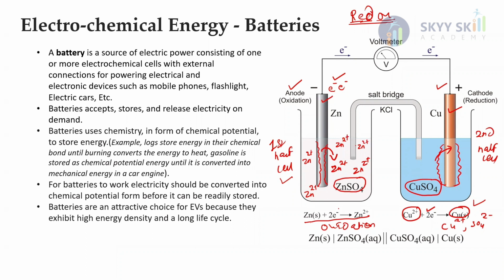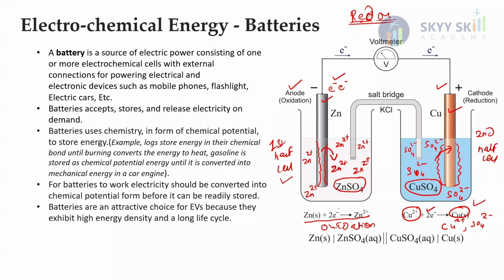On the other side, we will get rich in sulfate ions, SO4 2-. So the zinc sulfate electrolyte will become positively charged and it will not allow any more electrons to flow to the other side.